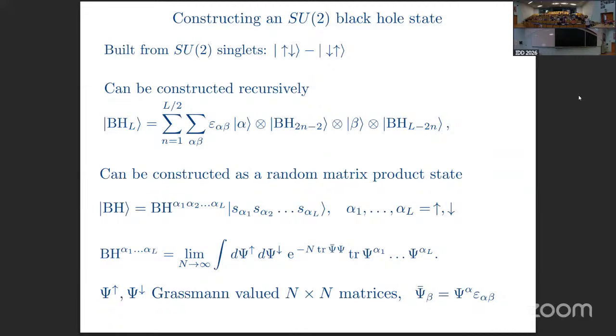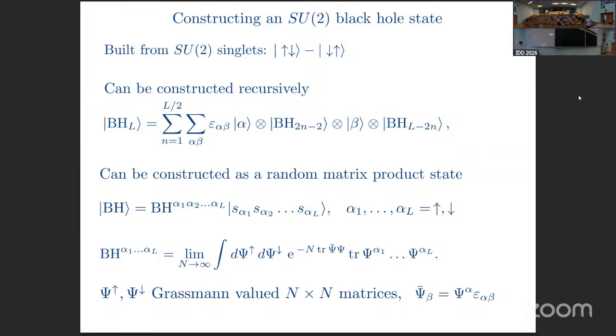And again, we can build our black hole state recursively. Now, instead of having identical flavors for the fields at side 1 and n, we now have a sum with the epsilon symbol. That is, we have this singlet here as side 1 and n, and that corresponds to one arch in the picture from before, and then you put lower black hole states under the arch and beside the arch. That's the same type of recursive generation of the black hole state.